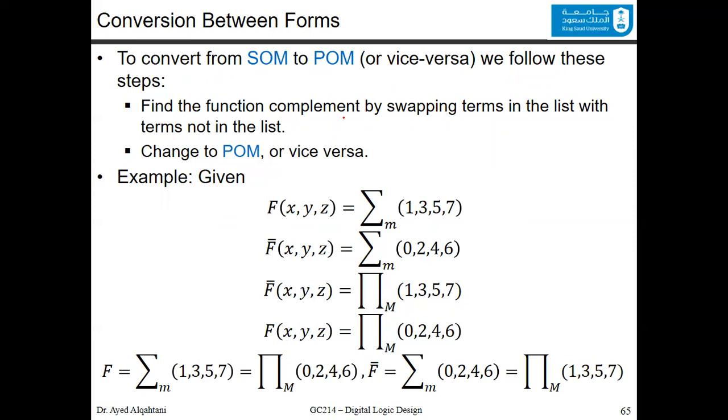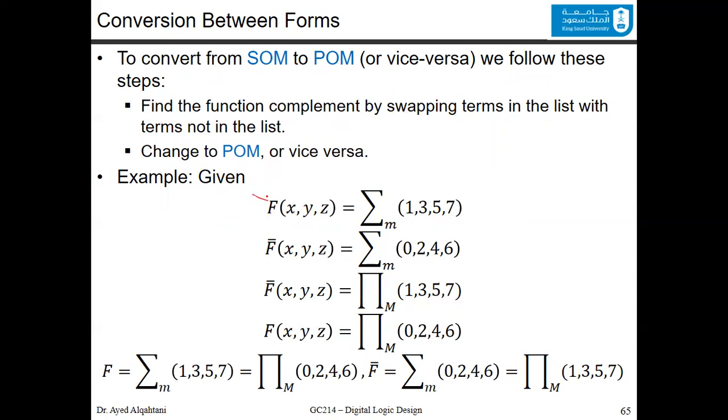Find the function complement by swapping terms in the list with the terms that are not in the list, and then change to POM or vice versa. So if you are given this function, for example, this is how you convert between forms.